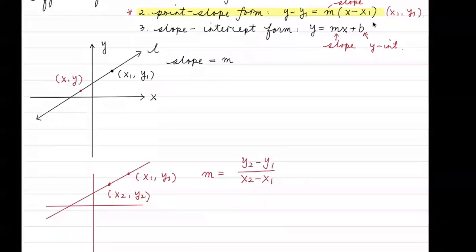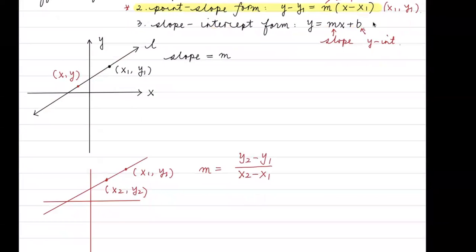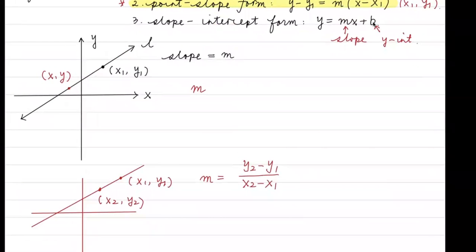How do we do that? So the slope m, if we know this point is given, and if we know any other point on the straight line, which is coordinated by x and y, the slope formula is m is equal to y minus y1 over x minus x1, right?